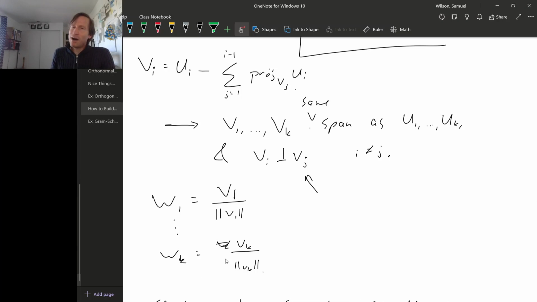So it's always possible to come up with an orthonormal basis for any subspace in Rn. And in fact, if you come up with a basis for a subspace, you can then use the Gram-Schmidt process to make it orthonormal. Then you can extend that basis to all of Rn and then make that orthonormal.